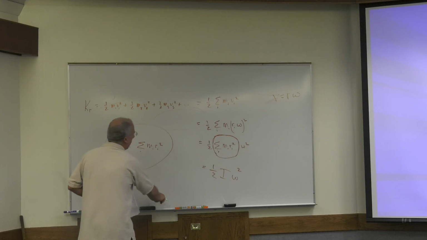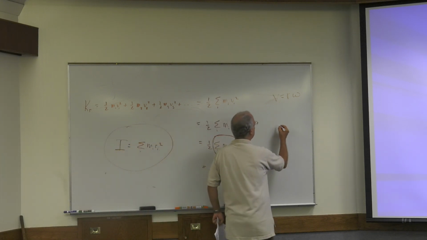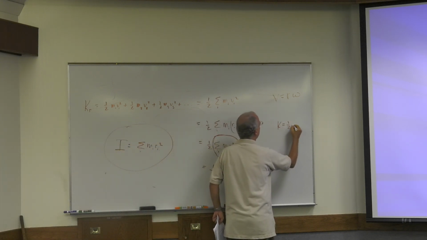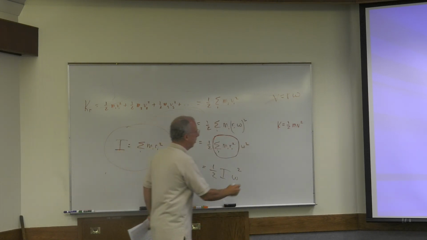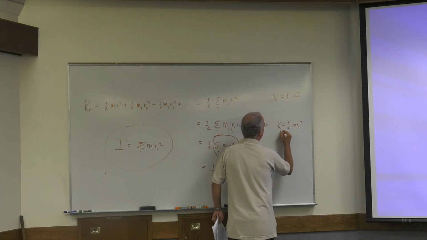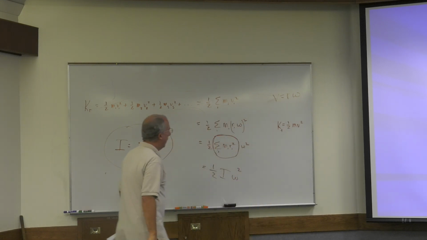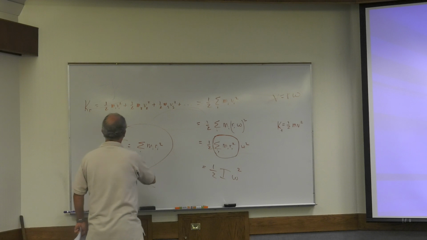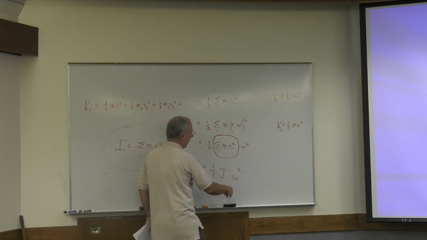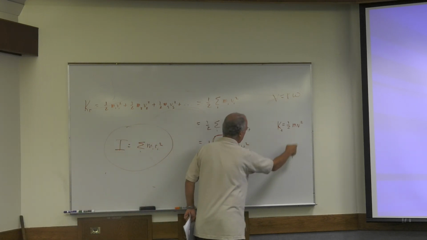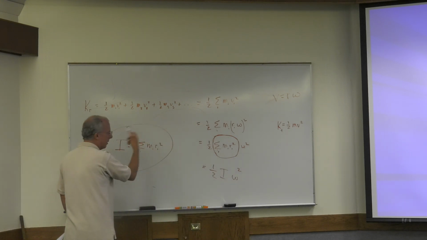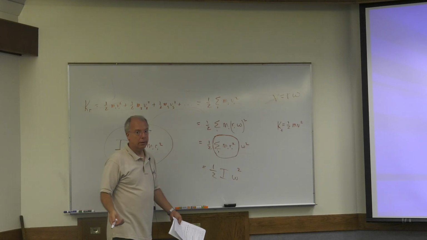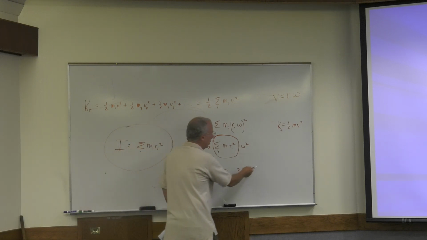Now hold on. For translational motion, kinetic energy is 1/2 mv squared. So I guess I've got to put a T here, for translational, just to keep them straight. So rotational is 1/2 I omega squared, translational is 1/2 mv squared. This I is kind of like the rotational mass, because omega is the rotational velocity.